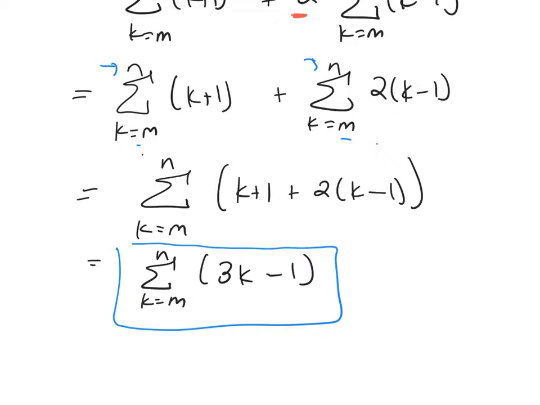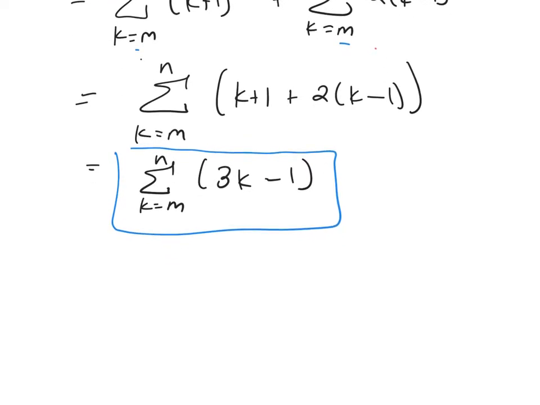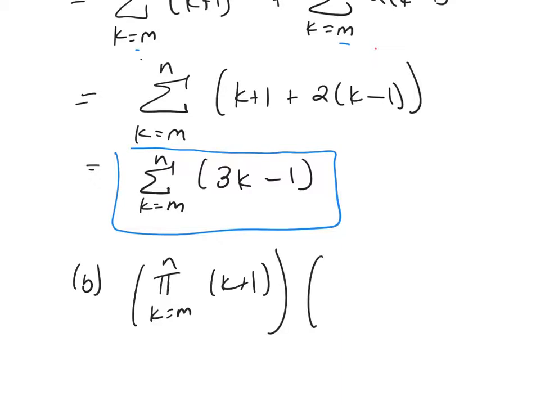Let's do one more. Product from k equals m to n of k plus 1 times the product from k equals m to n of k minus 1.